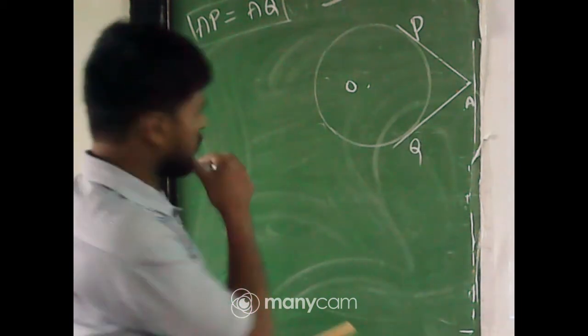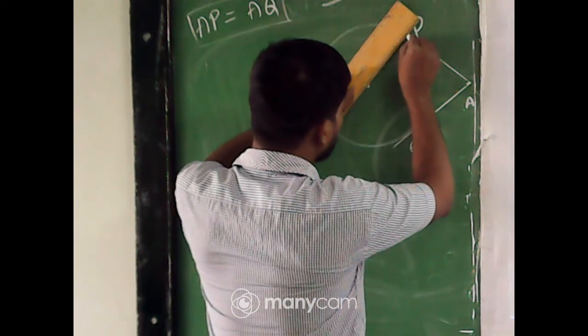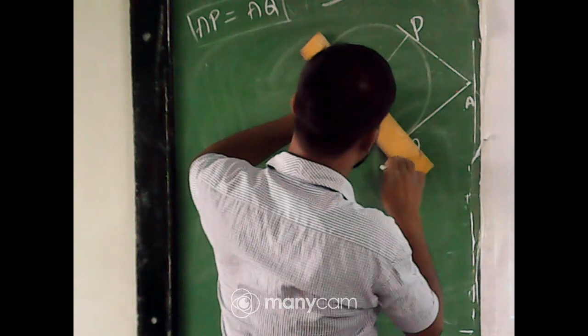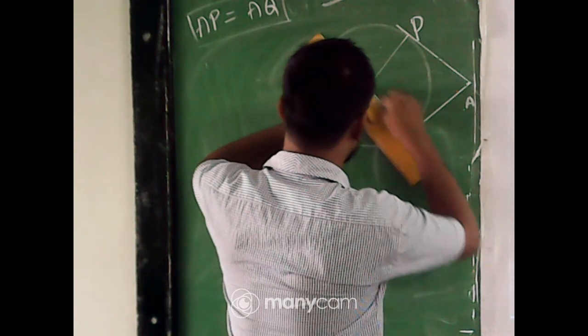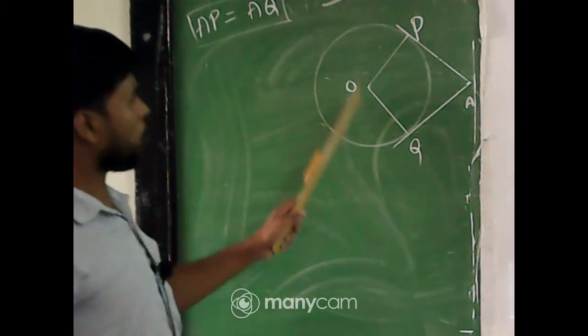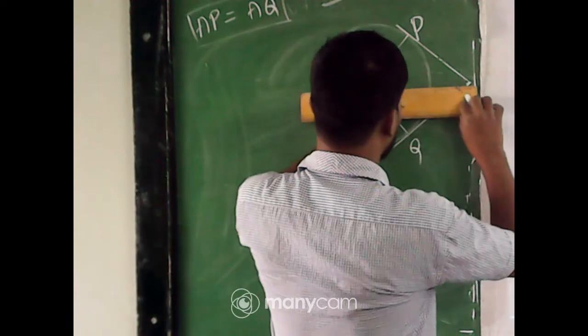Okay. Now there is a construction. Construction is join OP and OQ, and also AO.